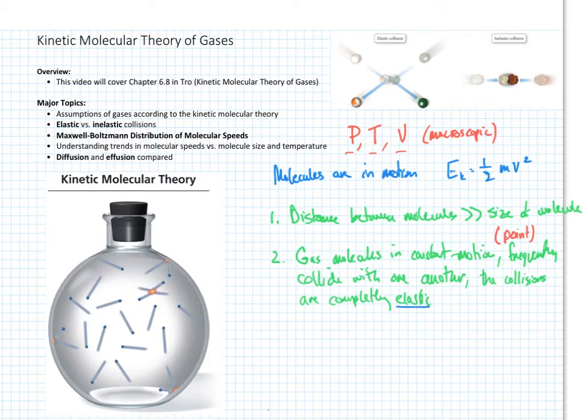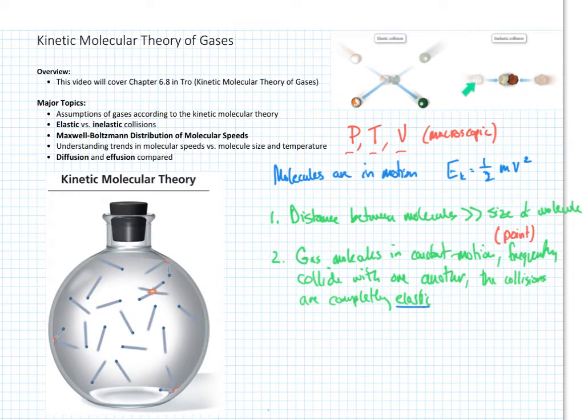So what do we mean by elastic collision? Elastic collision you can think of as like a billiard ball. One ball is moving towards another, they smash into one another, and their energy is transferred without any damage to the molecule itself. Contrast this with an inelastic collision.